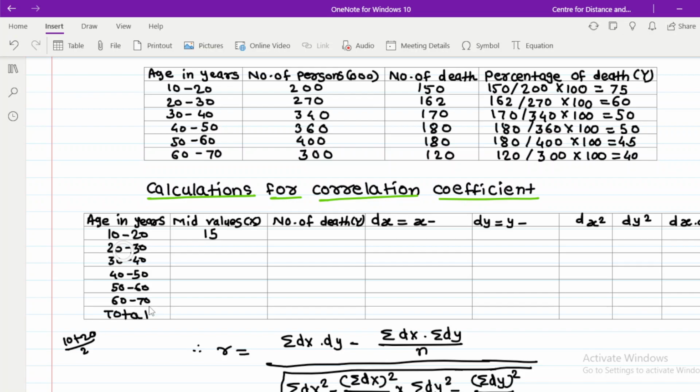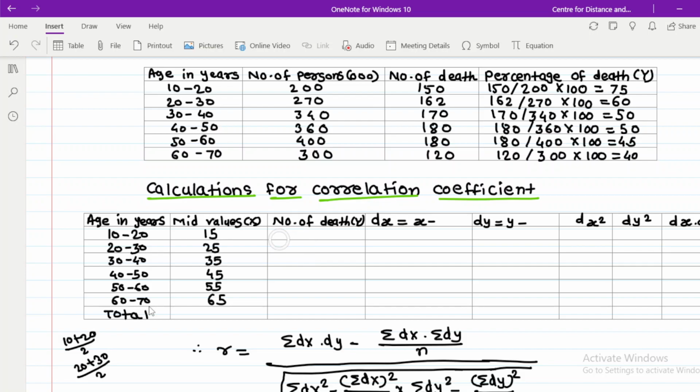Then for the class 20 to 30, the mid value is 20 plus 30 divided by 2. 20 plus 30 is equal to 50. 50 divided by 2 is equal to 25. Like this, calculate all these mid values. Here 45, 55 and 65.